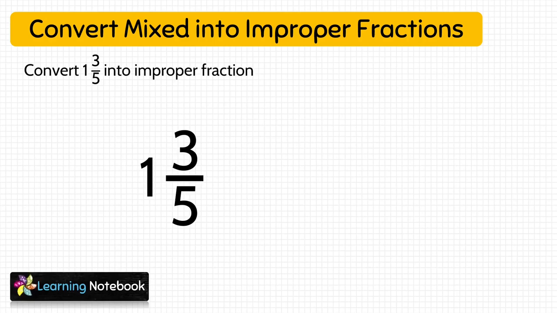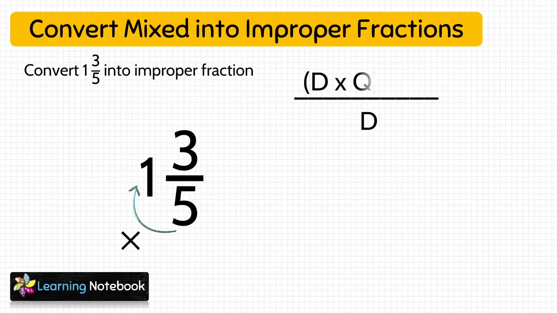First, students, always remember that denominator in both these fractions would always be same, which is the divisor. Now, to find the numerator, we will multiply divisor by quotient first and then add remainder to it.